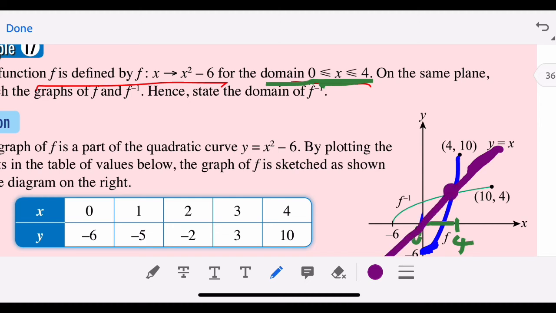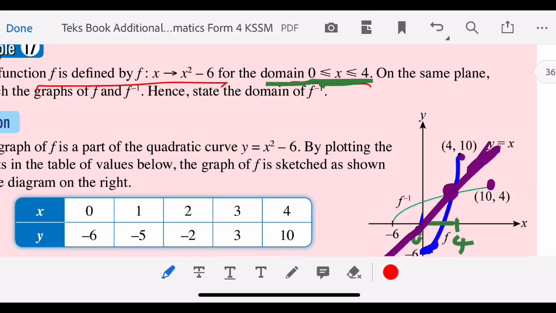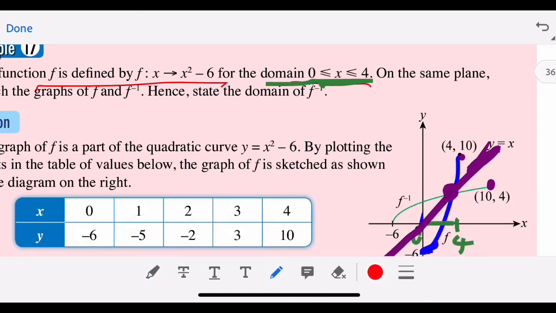Then we find the point: this blue point will go to the red point. It reflects at the purple line, so we will do reflection. This is the image, and then here is another point, and for this point the image will be here.